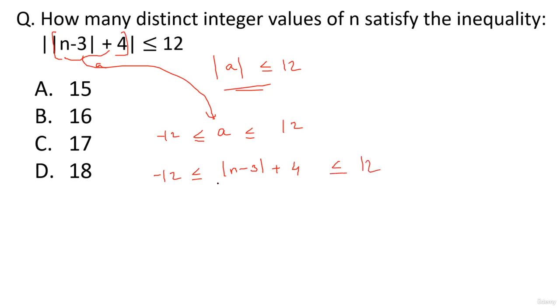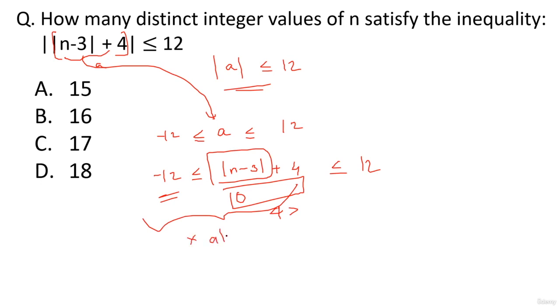Now guys, mod of n minus 3 will be any value greater than or equal to 0, right? You are adding 4 to it, which means this part will be 4 or more. So it is definitely sure it will be greater than minus 12, right? That means this part of the inequality need not be solved. Why? This is going to be always true.